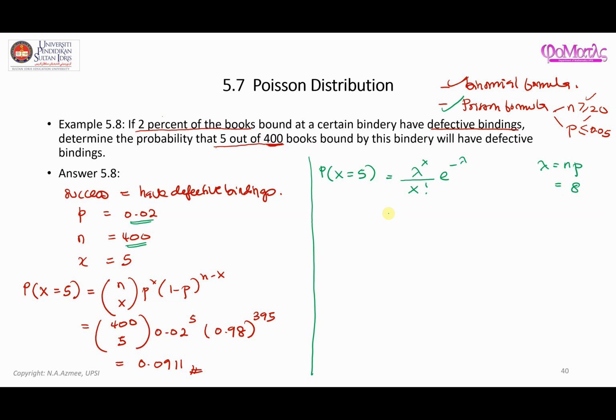We apply that directly in this formula: 8 to the 5, over 5 factorial, times e to the negative 8. If you punch in these values into your calculator, you will get 0.0916. You can see there's similarity between these two results, with just a slight discrepancy. So that is the approach of using Poisson approximation to binomial.